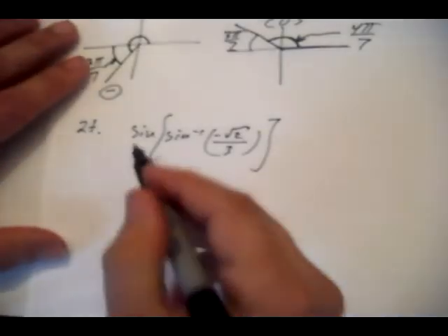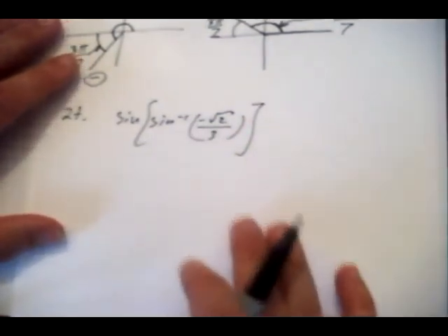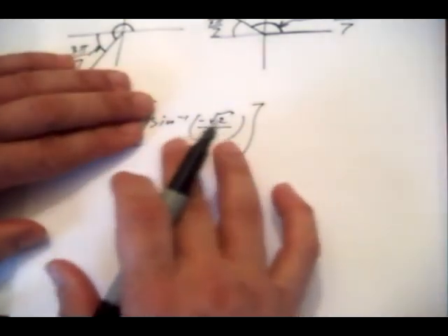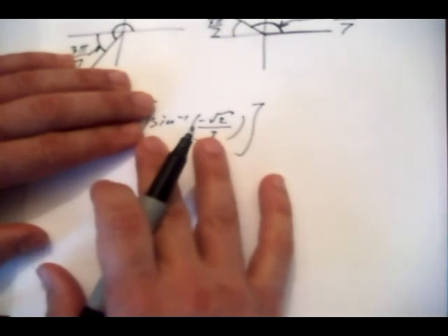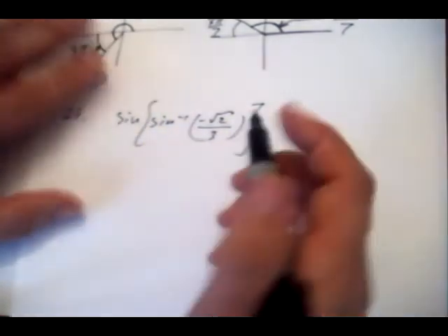All right, 2f. Sine inverse -√2/3. Again, the inverse is inside, so we have to think about what we have here. Is this possible? Well, yeah.